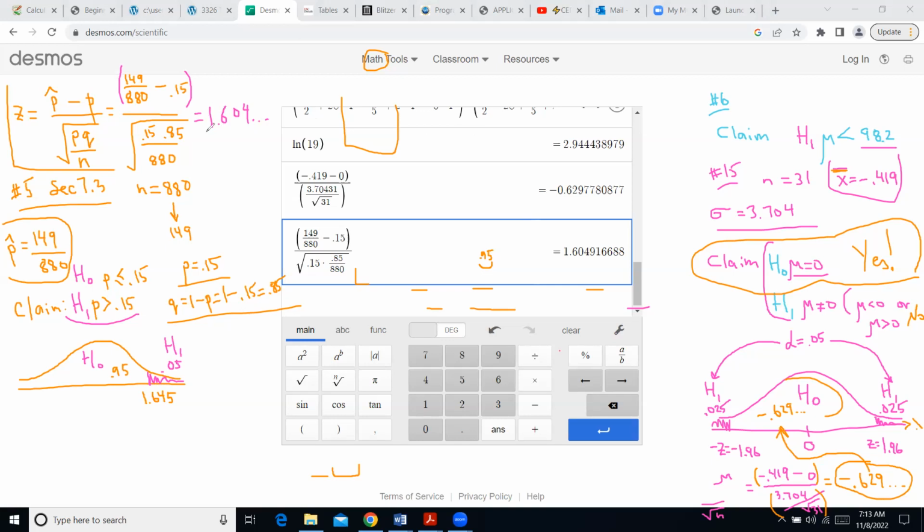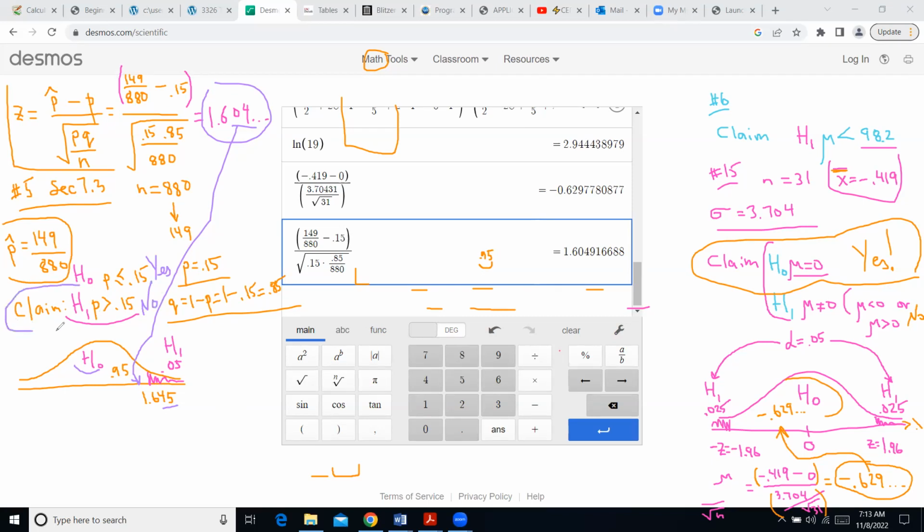It's a number which is still right here, because that's 1.645, and here we have just 1.604, so it is a little bit less than the cutoff 1.645, but it's pretty much on the border. But since it's in H0, I'm going to say yes to it, because I hit the area called H0, not H1.